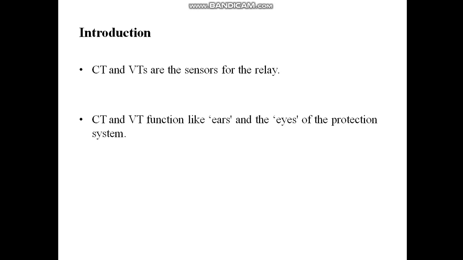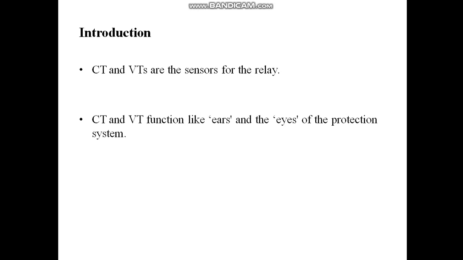We all know that, and then fed to the relay. This job is done by current and voltage transformers, that are CTs and VTs. CTs and VTs electrically isolate the relaying system from the actual power apparatus. The electrical isolation from the primary voltage also provides safety of both human persons and the equipment.